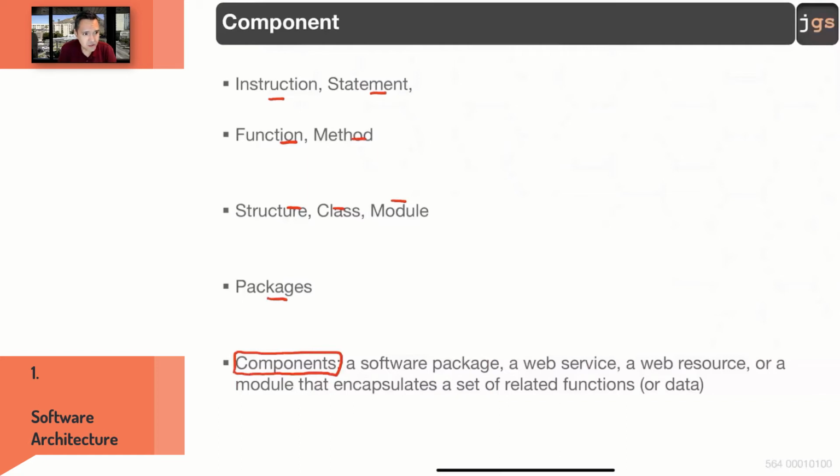What if I ask you in your final exam to explain the difference between these concepts? Do we understand the difference between an instruction and a statement, for instance? What is an instruction? What is a statement? Is there any difference between them or not?